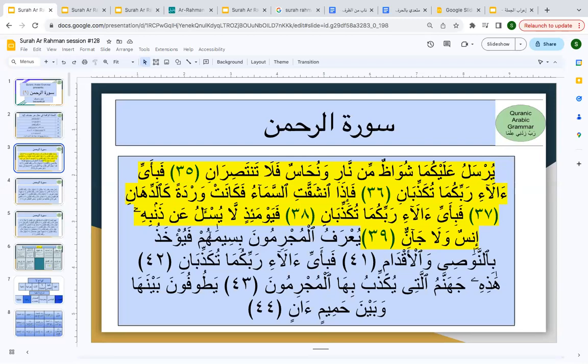Mutalik bil fail here, which you were calling mutalik bil fail. Can you now call it al-hal, mutalik bil hal mahzufa? Can we call it mutalik bil hal? That this is my hal? Yes or no? It makes sense how it is going to be labeled now as hal, because it is answering very clearly your how question.